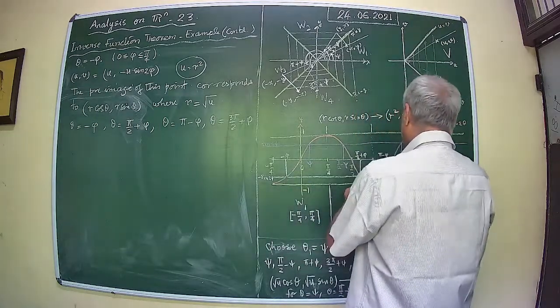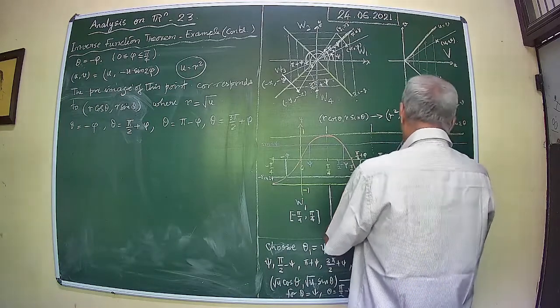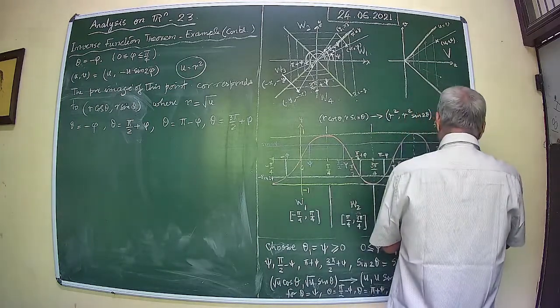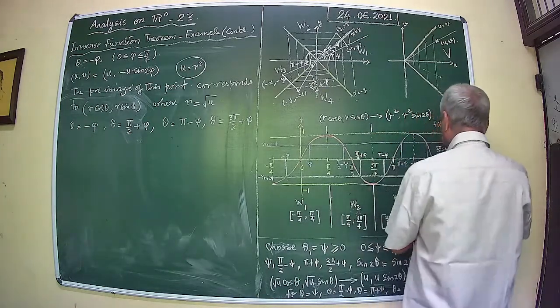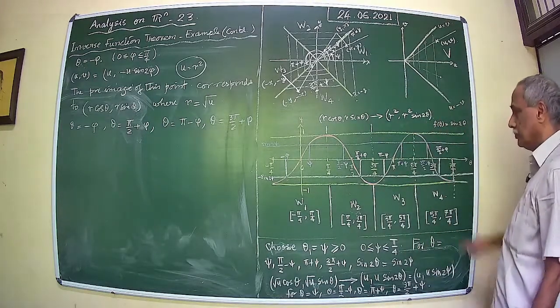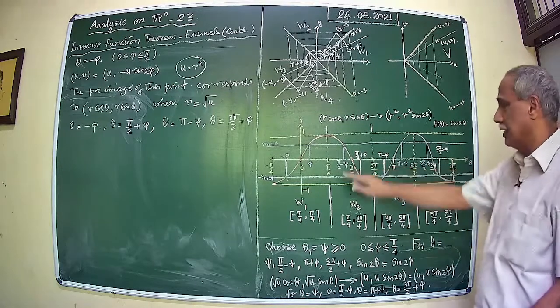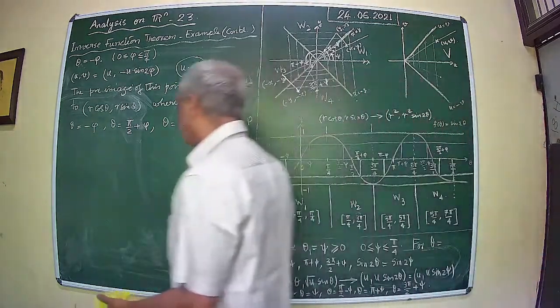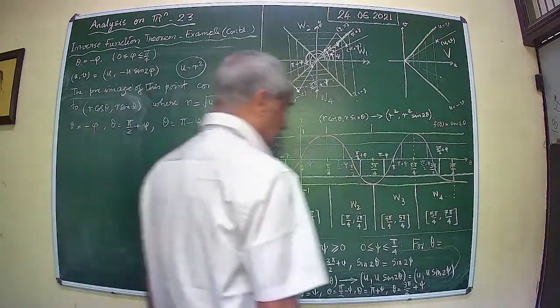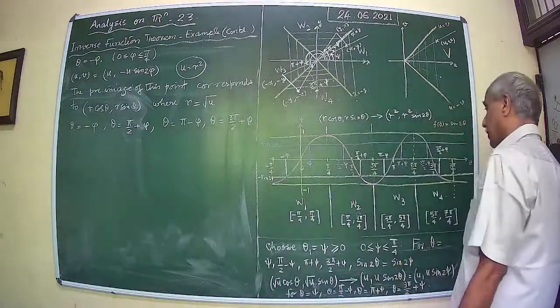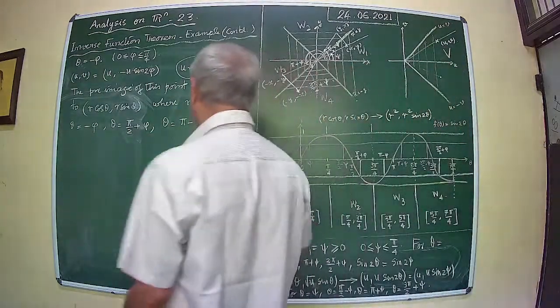Then at pi minus phi, it takes the same value. And 3 pi by 2 plus phi, it takes the same value. The v value remains the same, or sine 2 theta takes the same value. So these are the 4 values.